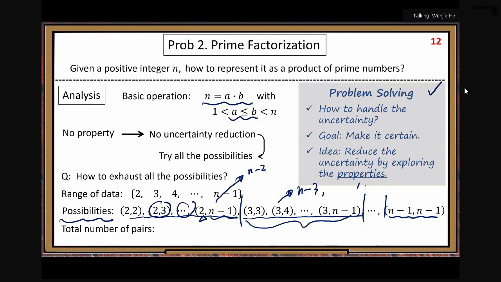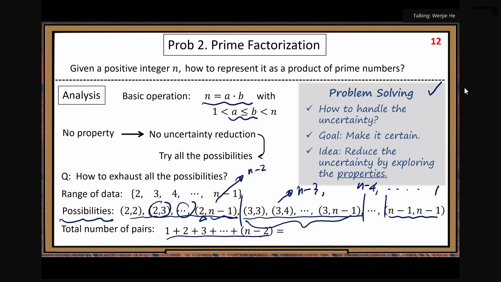Next one, n minus 4, and so on. The last one, 1. So that's the counting numbers for those categories, and you add them up.